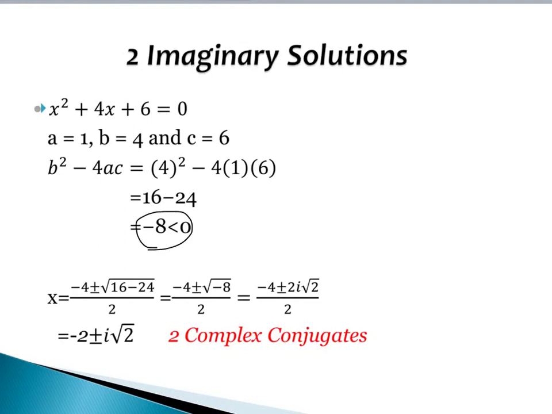So when we plug in a, b, and c into the quadratic formula, we will get x equals negative 4 plus minus square root of negative 8 over 2. It equals negative 4 plus minus 2i square root of 2 over 2. After we simplify this, we will get negative 2 plus minus i square root of 2, a plus bi form, right? We're going to have two complex conjugates.